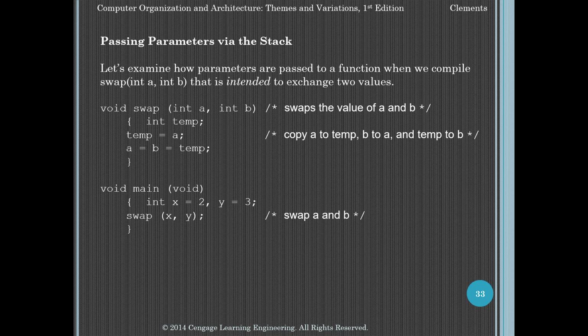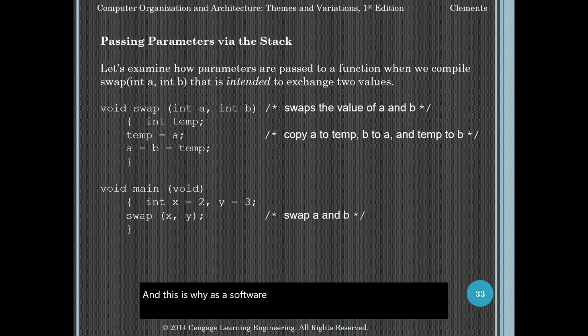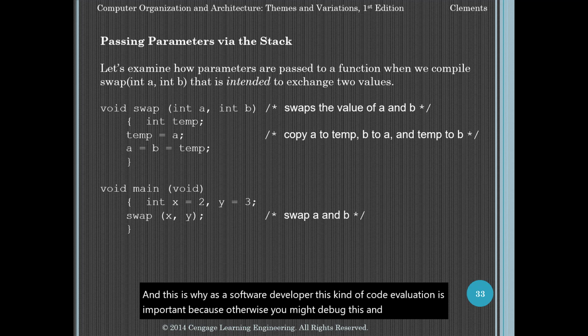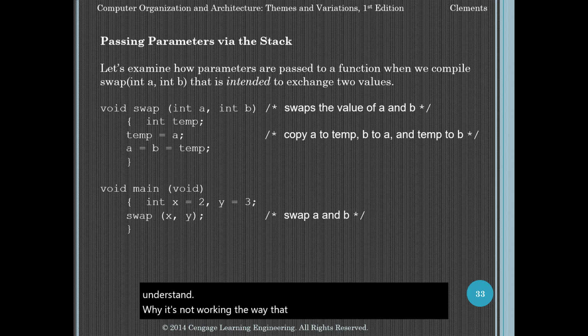And this is why, as a software developer, this kind of code evaluation is important, because otherwise you might debug this and not fully understand why it's not working the way that you expect it to work.